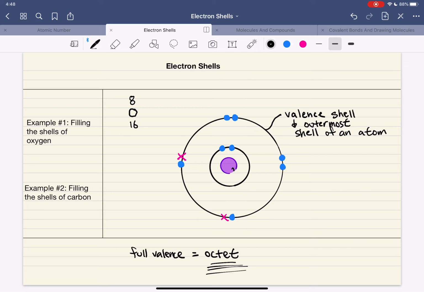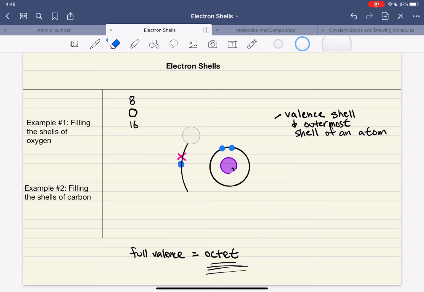All right, so since this is so important, let's do one more example. Let's pick a different element. That element will be carbon.